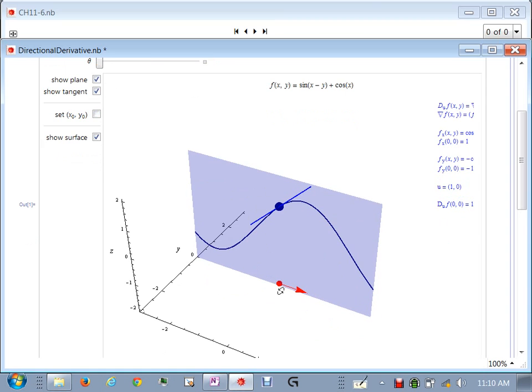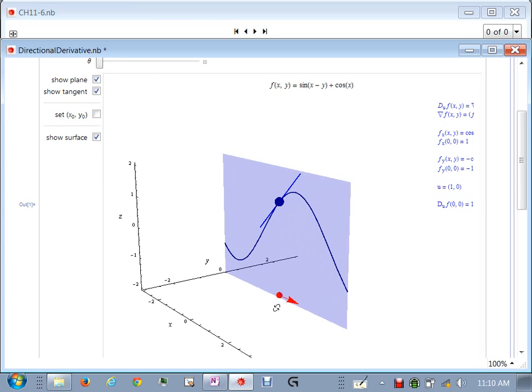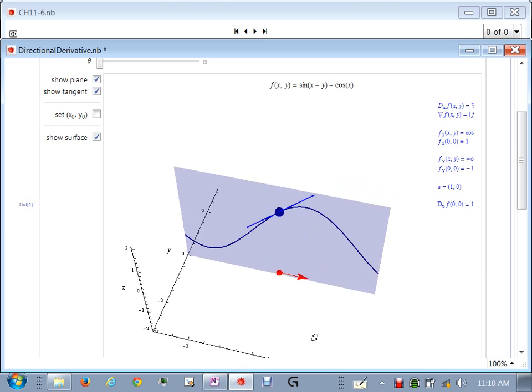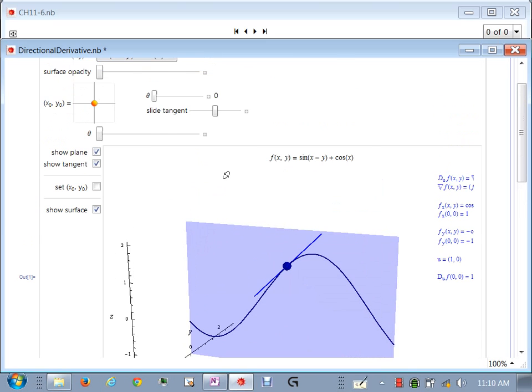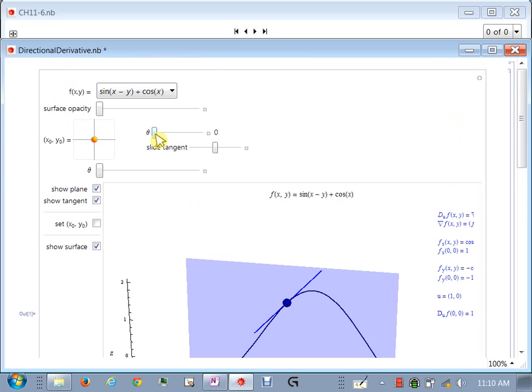Now, which one would this be? What does it look like? If I turn this to the side, looks like my direction that I'm pointing is parallel to which axis? It looks like the x. Let me see here. Yeah, it is. It's parallel to the x-axis. So what am I holding constant here? Y? So this is the partial with respect to x, isn't it? Yes?